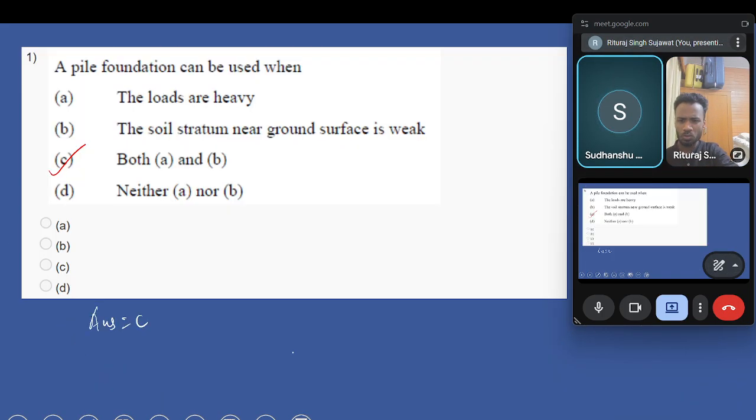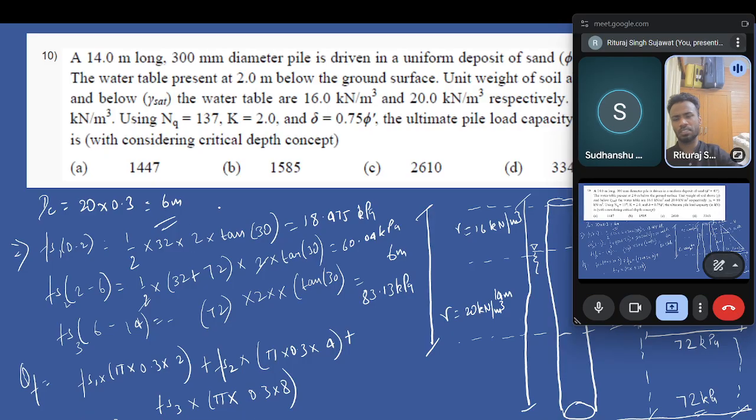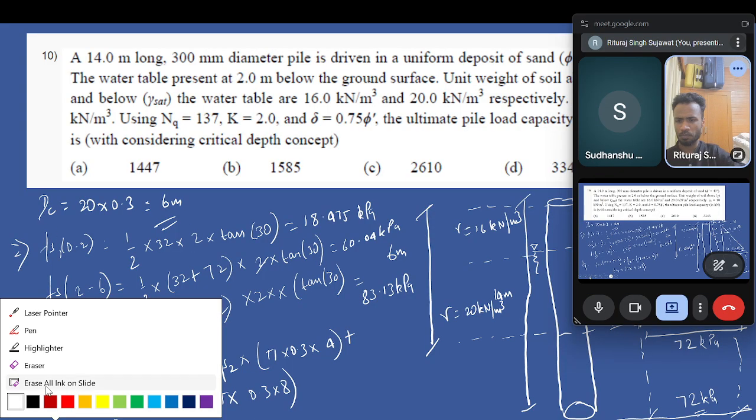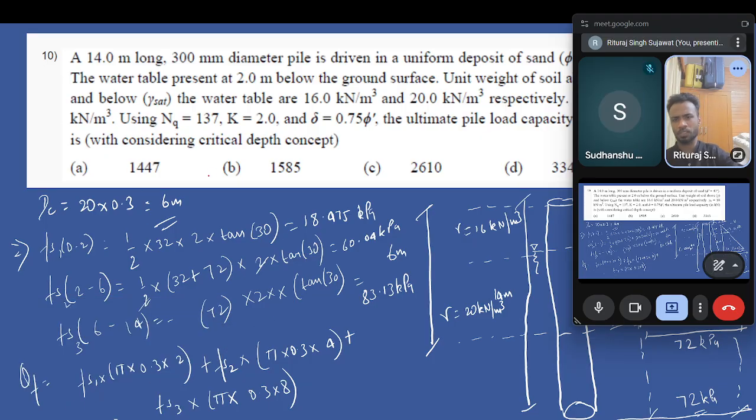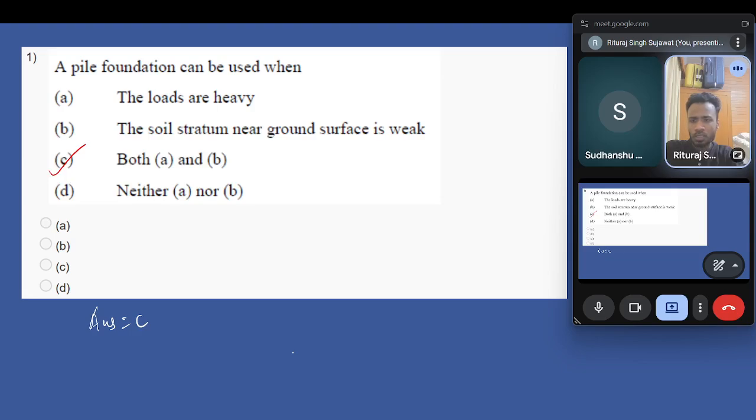So I think option B is closer. Let's assume it's near to 185 kilonewton. This is the answer which you're getting. So the correct answer is option B, 185.585 kilonewton. Are you clear with this? Okay, then let's move to the next question.